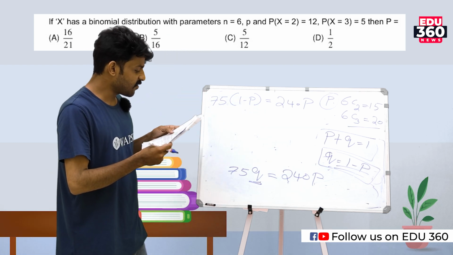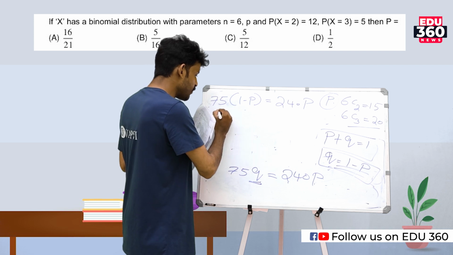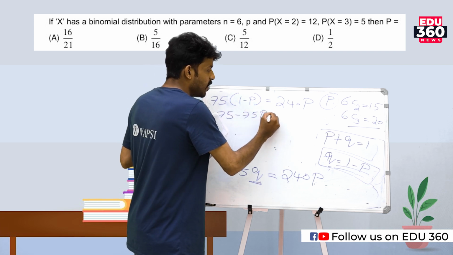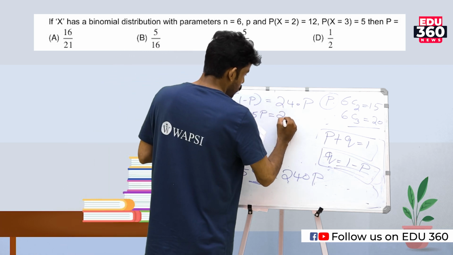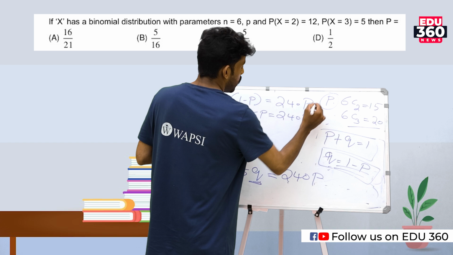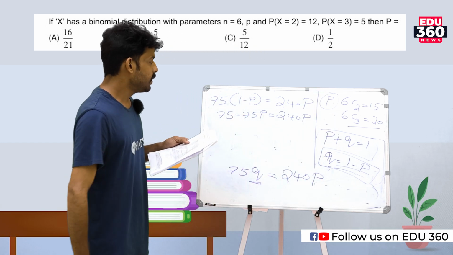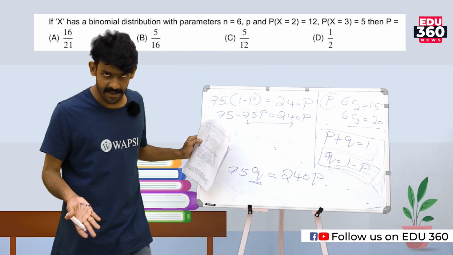So in the next step, just multiply. We can open the bracket. So it will become 75 minus 75p will be equal to 240p. Hereafter we can move 75p to the right hand side.